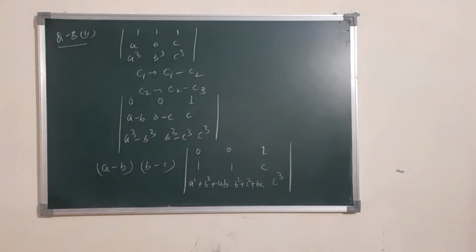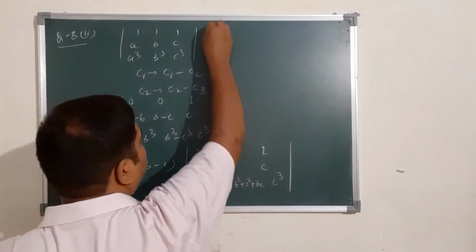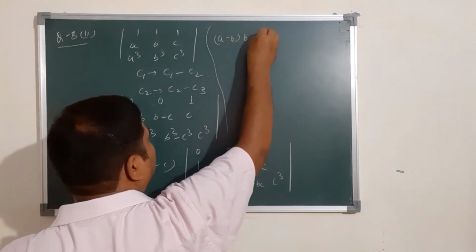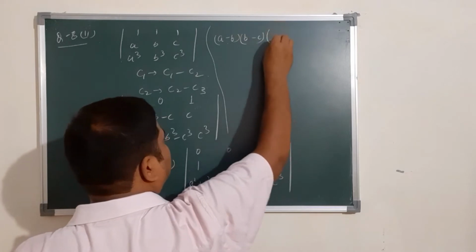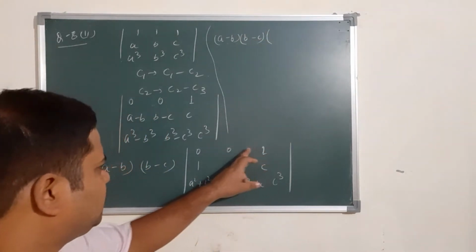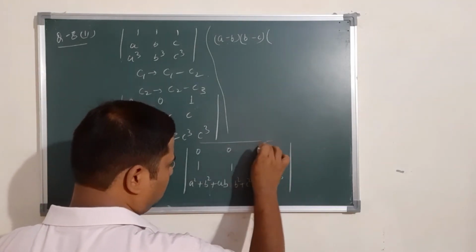Okay. Now expanding this, we will get (A minus B)(B minus C), and expansion is leaving this particular row and this particular column. We have this row and this column.